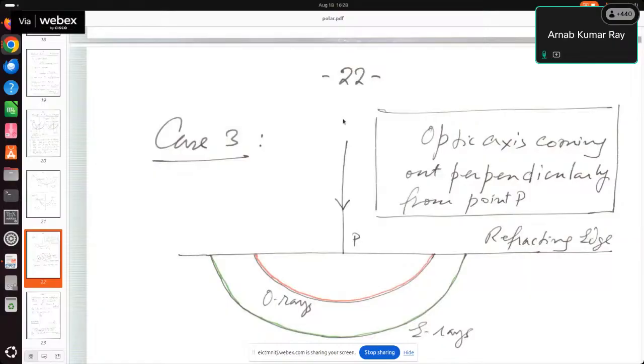And thereafter, we talked about positive and negative crystals and certain features of these polarizing materials, like uniaxial behavior and anisotropic behavior.